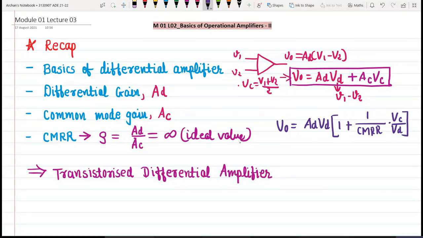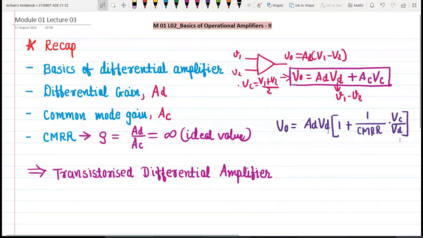This equation explains that since CMRR is practically very large, even though both VC and VD components are present, the output is mostly proportional to the difference signal, AD VD only. The common mode component is greatly rejected. As the value of CMRR is very high, this component becomes almost zero, so the entire output voltage depends on AD times VD.